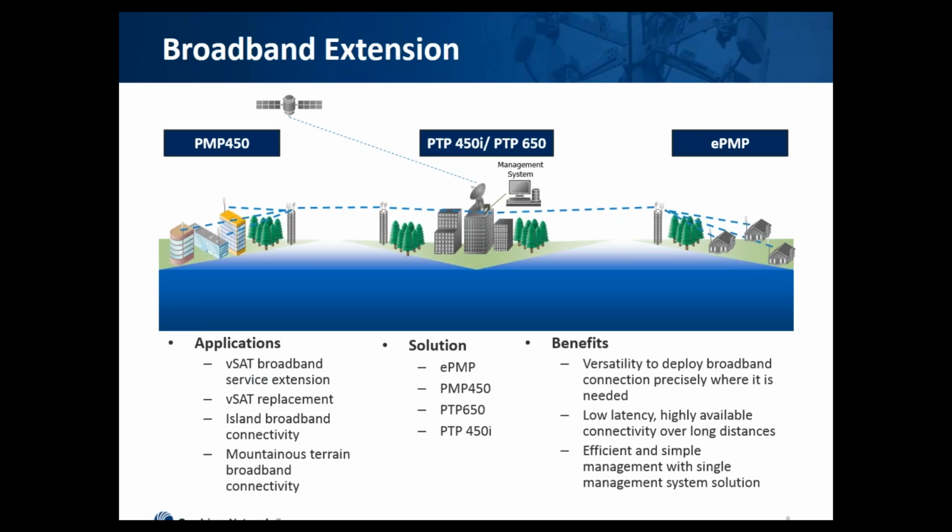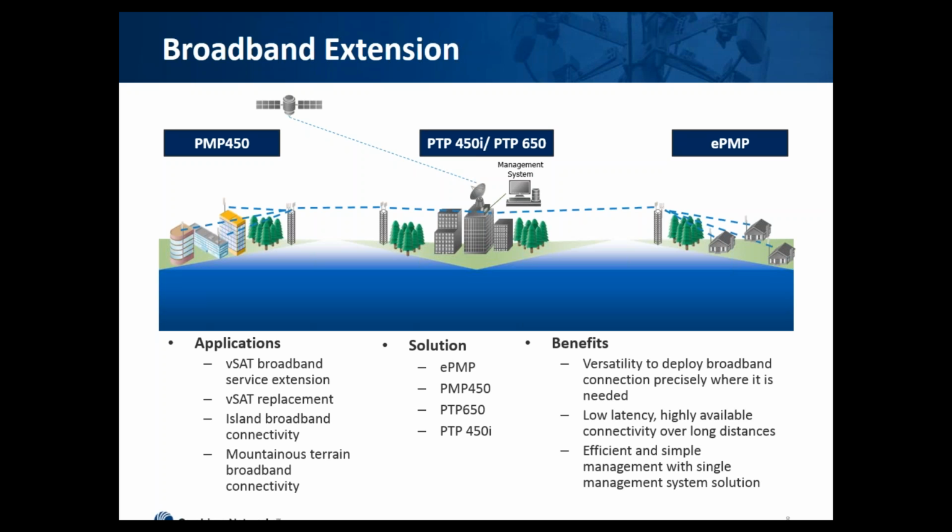So this provides a lot of benefit, like versatility in deployment. It depends on how much throughput you need. We can cater using ePMP, or if you need a little bit more, you can use a PMP solution, especially for end customers. Also, with the backhauling solution, you have the 450i, which is around 300 plus Mbps, and the 670, which is more like 450 plus Mbps.